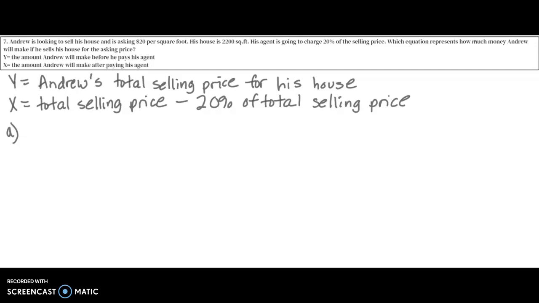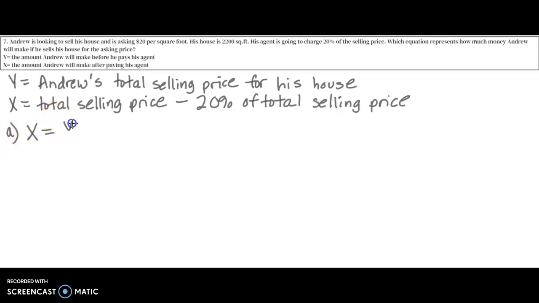Now, with that being said, I've rewritten the meaning of Y and X. Y also means Andrew's total selling price for his house, and X equals the total selling price minus 20% of the total selling price.